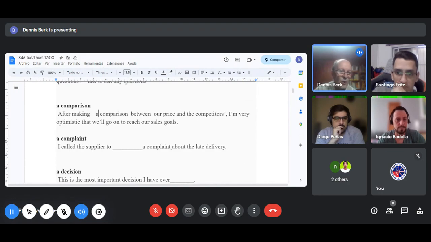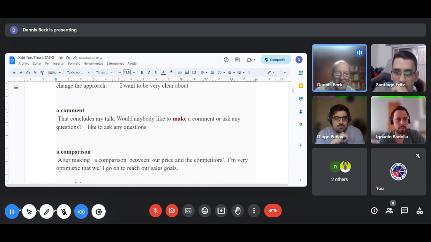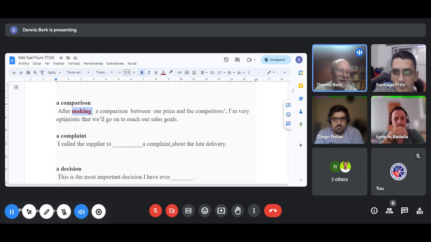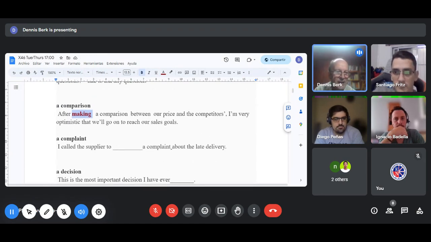So again, what is the context of this? What's happening here? Can you imagine where they are? In what context is this being said?